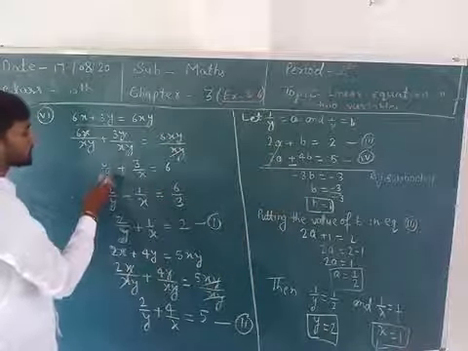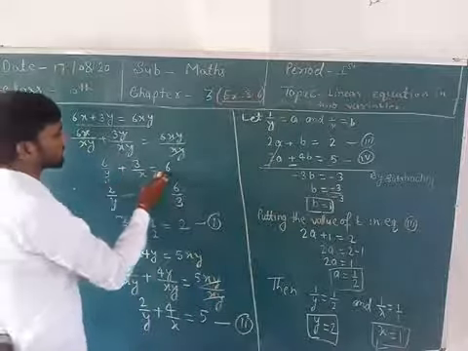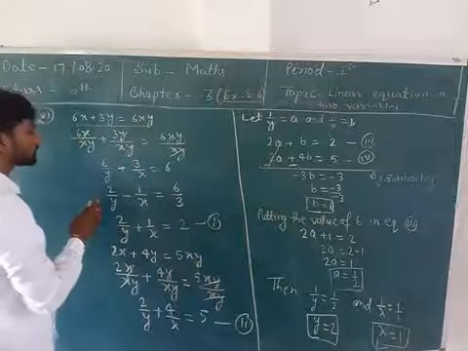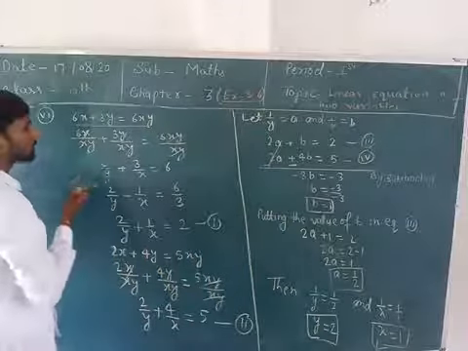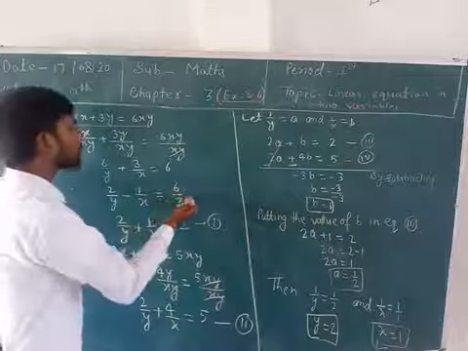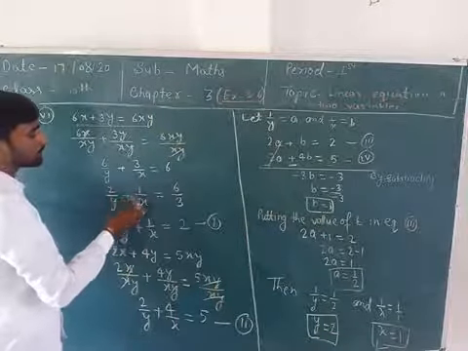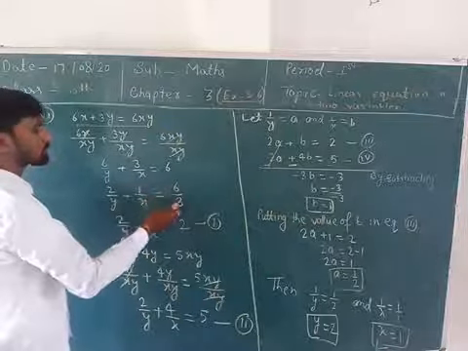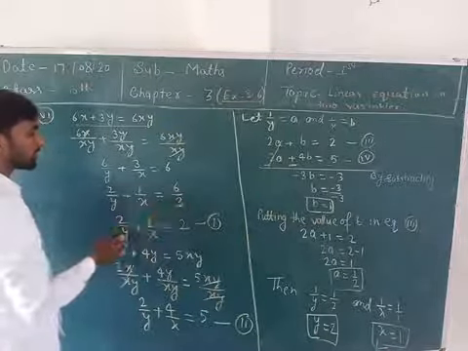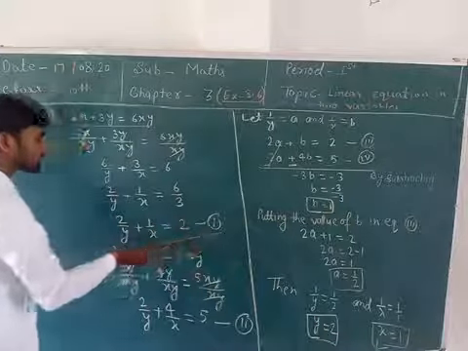Now we have 6 upon y plus 3 upon x equal to 6. Then taking 3 common and dividing by 3 on the right hand side, we have 2 upon y plus 1 upon x equal to 6 upon 3, means 2 upon y plus 1 upon x equal to 2. This is equation number 1.